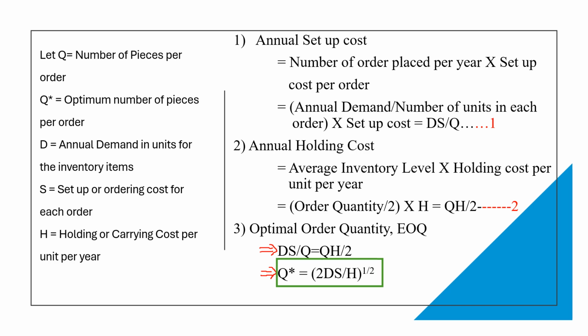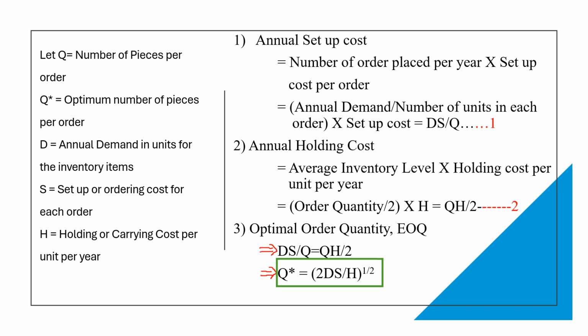Annual holding cost is equal to average inventory level times the holding cost. How can you calculate the average inventory level? Initial inventory is 0, and at the end, maybe your inventory is Q, then the average inventory level is Q by 2, multiplied by H, that is QH by 2, which is the annual holding cost.